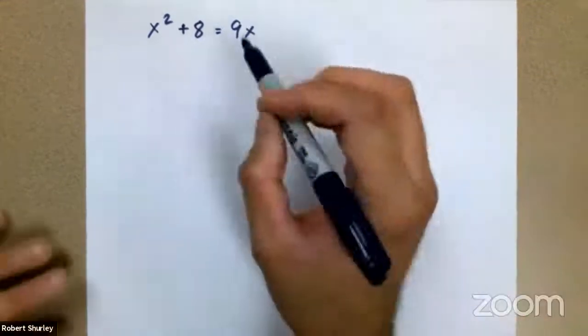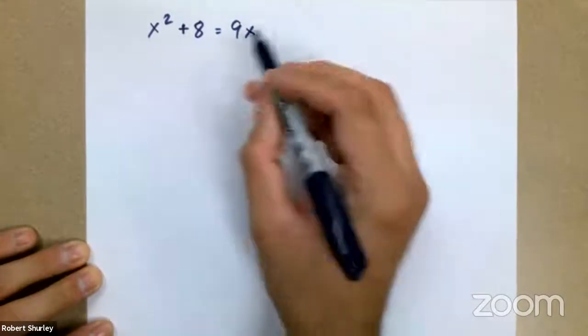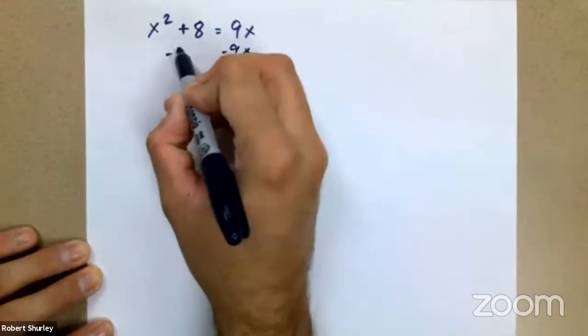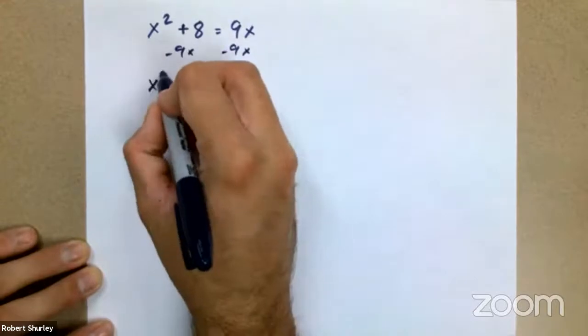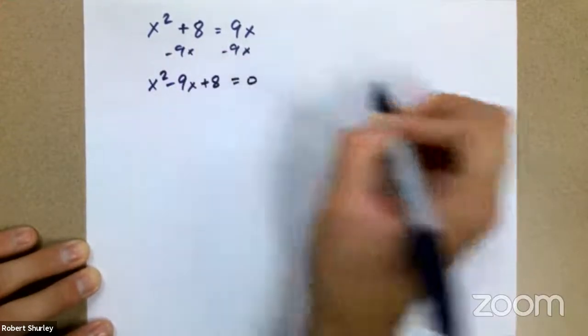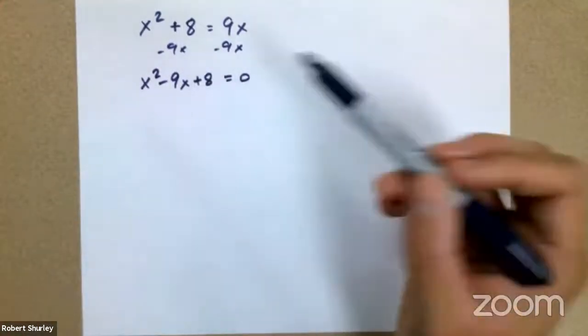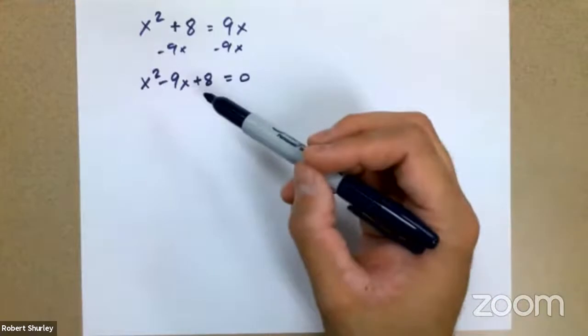Well, first thing, of course, we got to get 0 on one side, right? We got to move this 9x over and put it in the middle. So we get x squared minus 9x plus 8. Remember, this was the easy way to factor trinomials. There's no GCF, right?